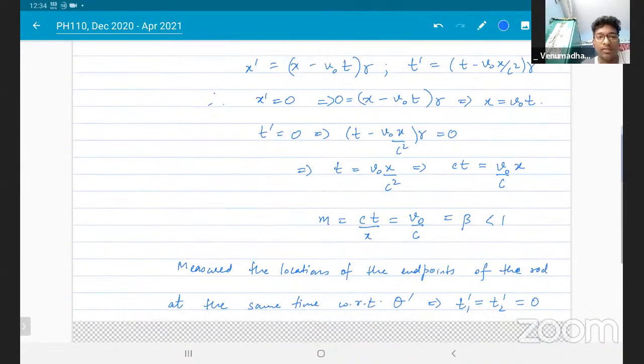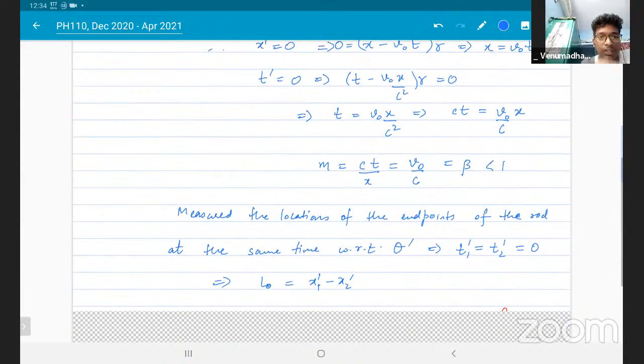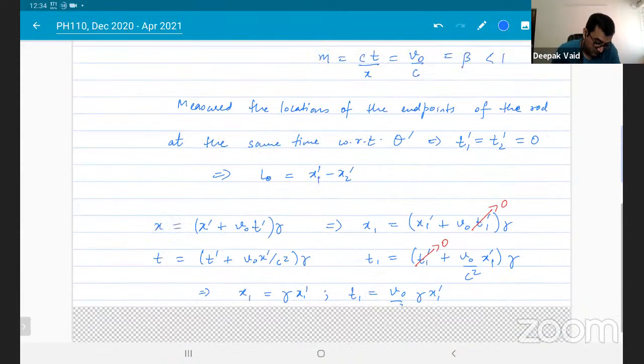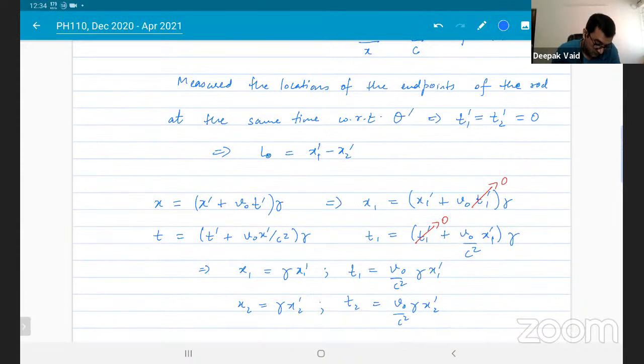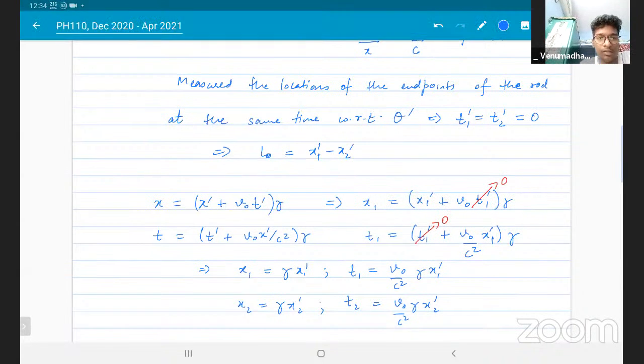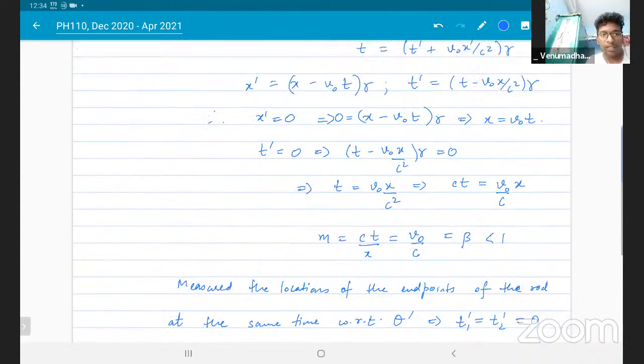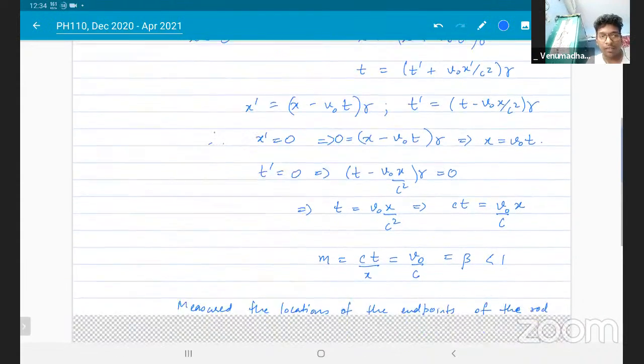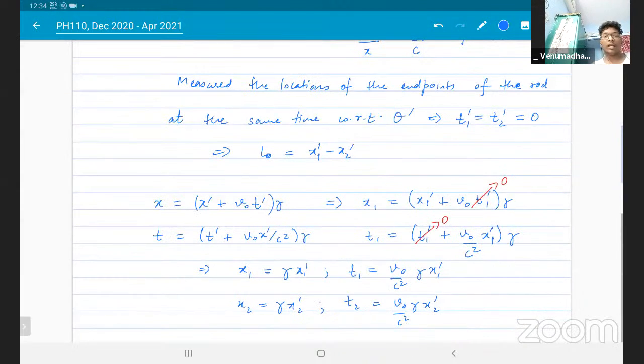The Lorentz transformation, sir. Here we took that X is equal to X dash plus V naught T by gamma. And we need X dash, we are talking in terms of prime, sir. We need the difference in X prime, not X.